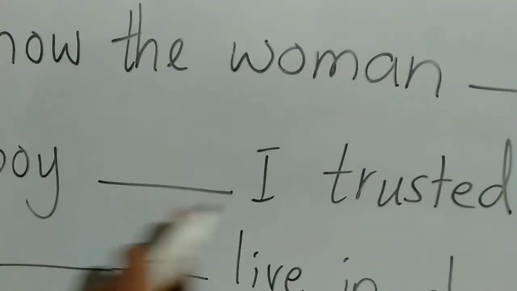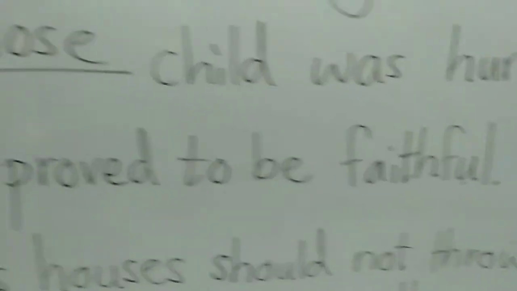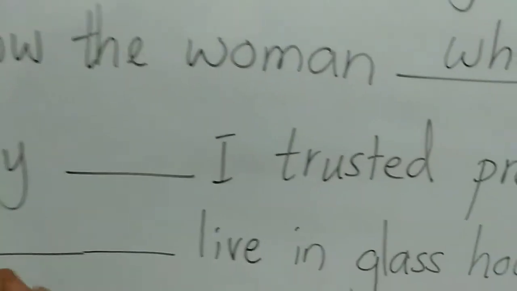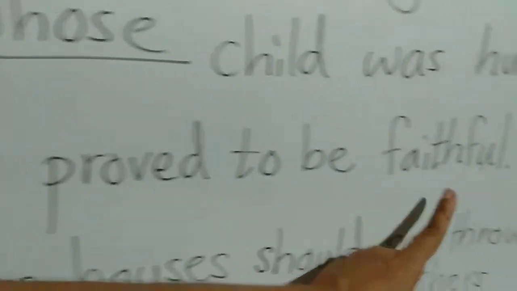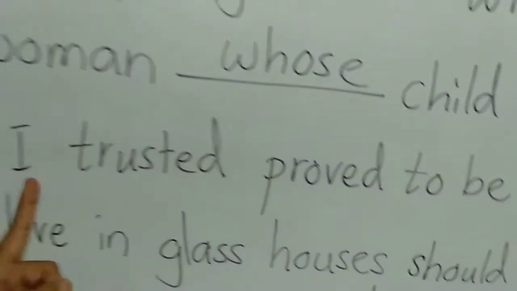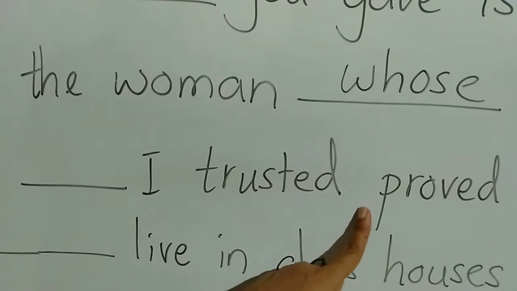The boy whom I trusted proved to be faithful. Here we want to be careful a little bit. The boy proved to be faithful. I trusted him. I trusted the boy.